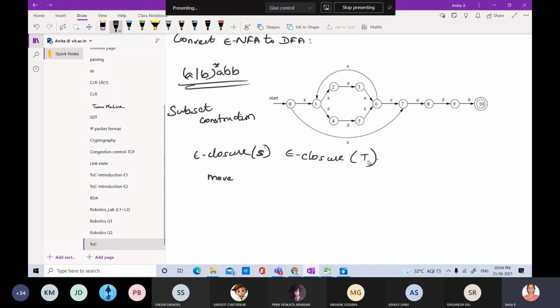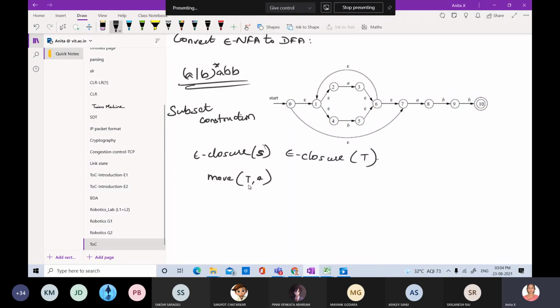Let me repeat: set of NFA states reachable from NFA state s in T on epsilon transitions alone.